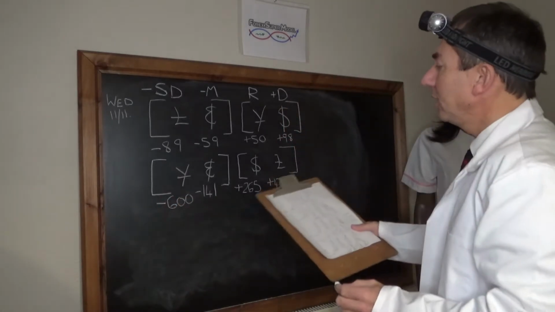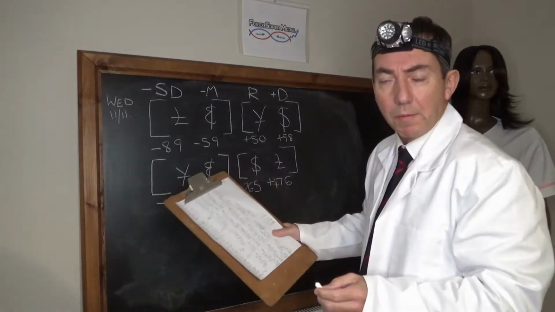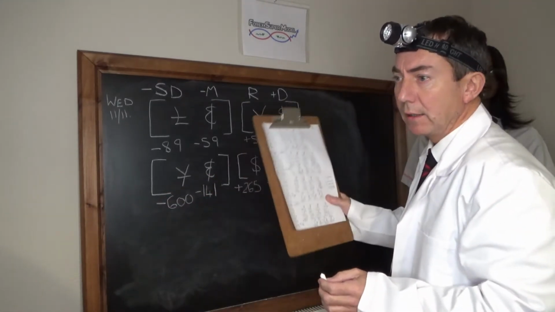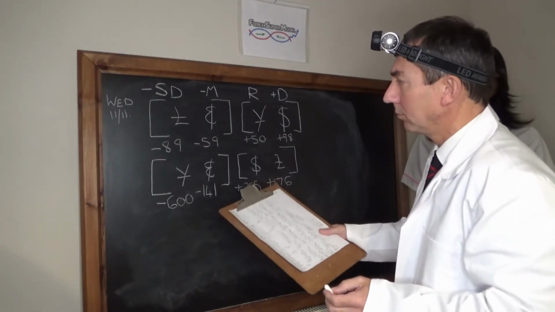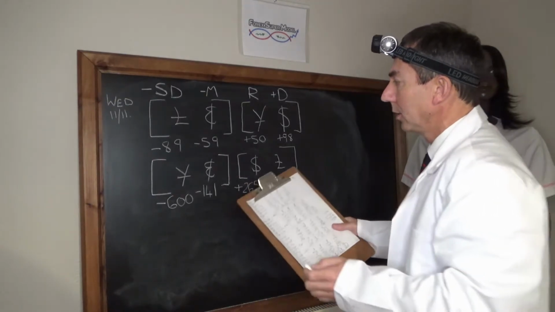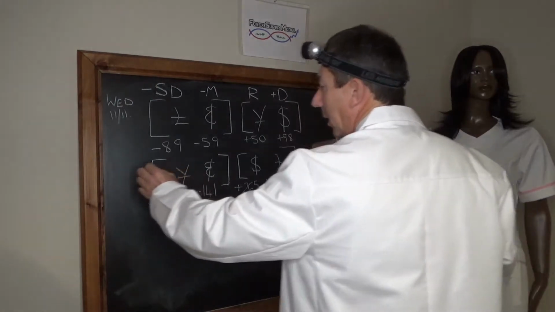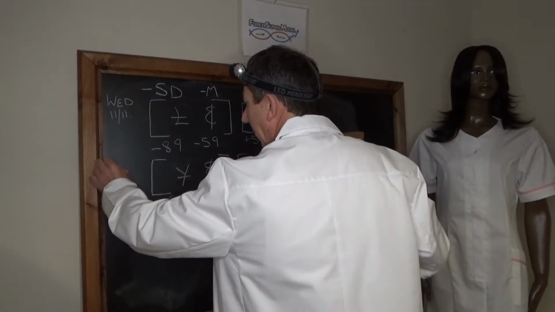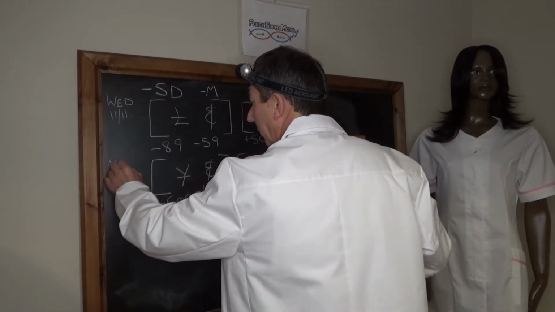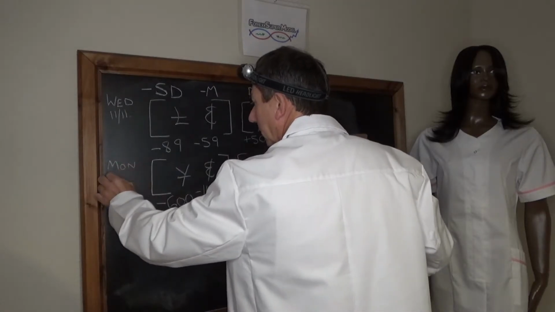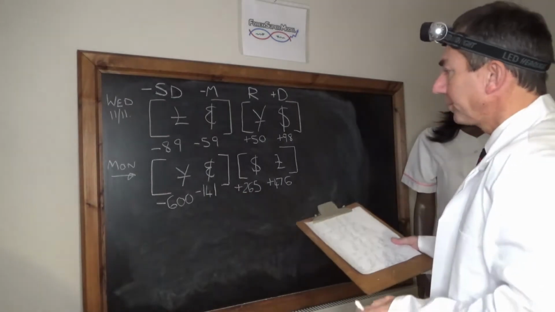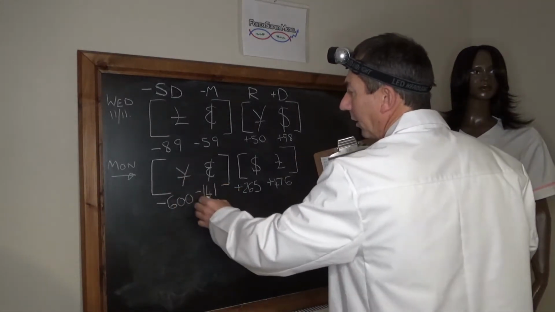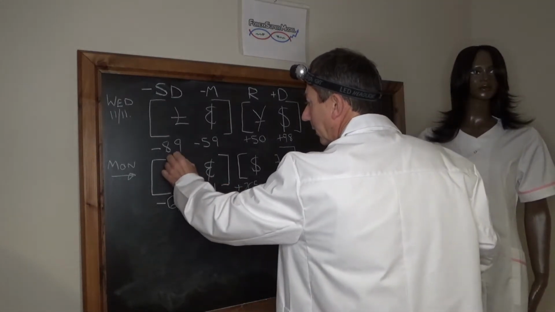Now remember, these flows are from Monday, the beginning of the week. So it was Monday the 9th? So these are from Monday to about half an hour ago. And you can see that we had a negative opposed driver in the yen.